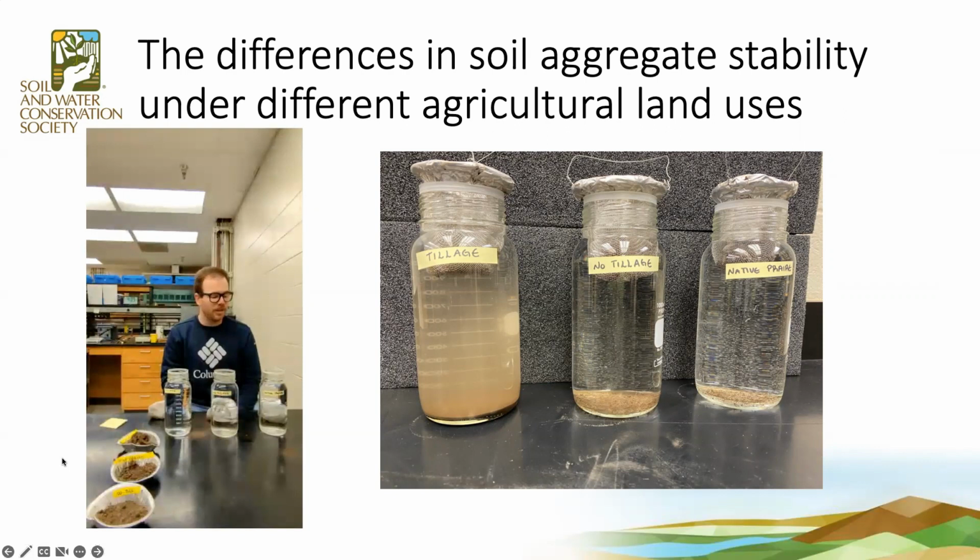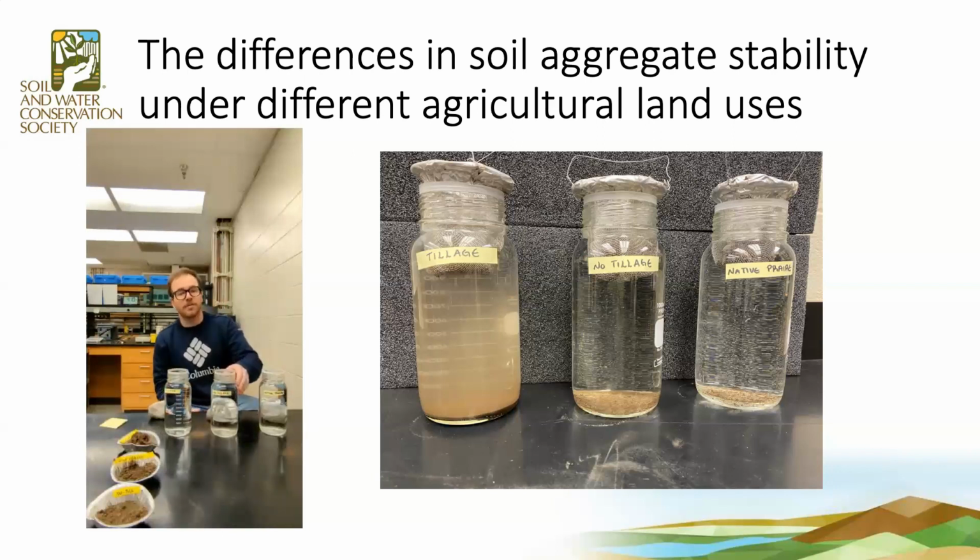So okay, here we're going to conduct a really simple experiment just to try to evaluate the aggregate stability under 3 different field conditions. We have here native prairie, we have here soil from a field under no tillage, and here soil from a field under conventional tillage. So we can start with native prairie.